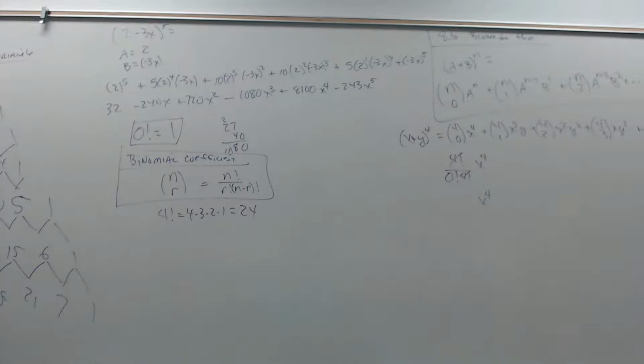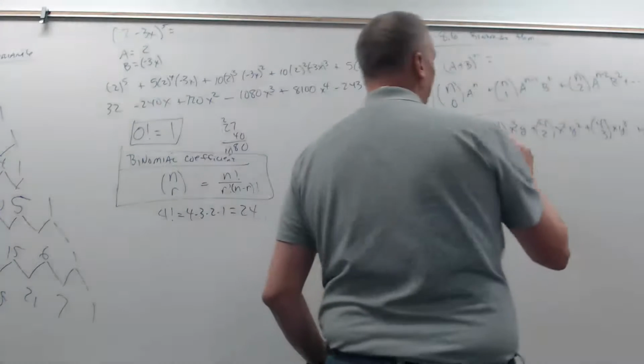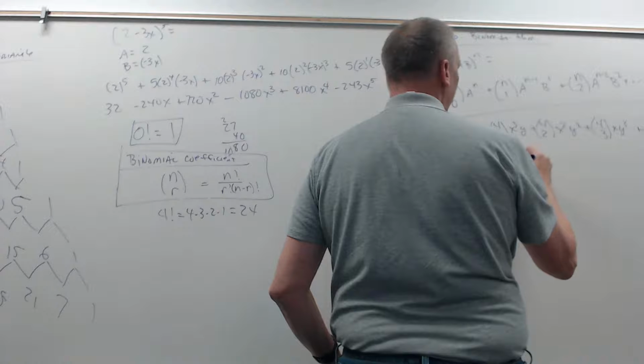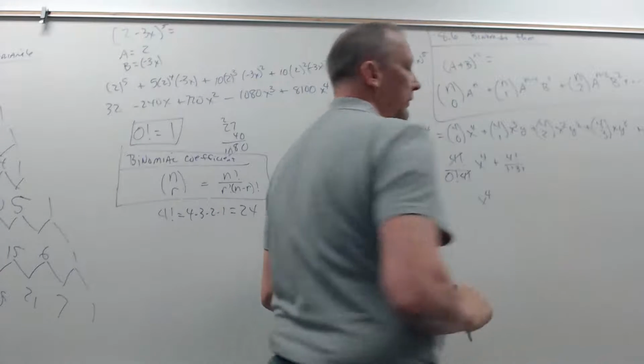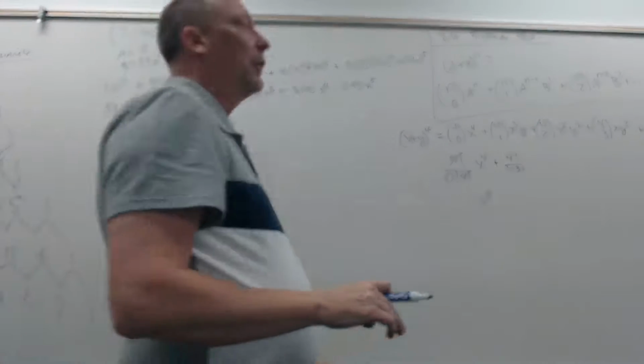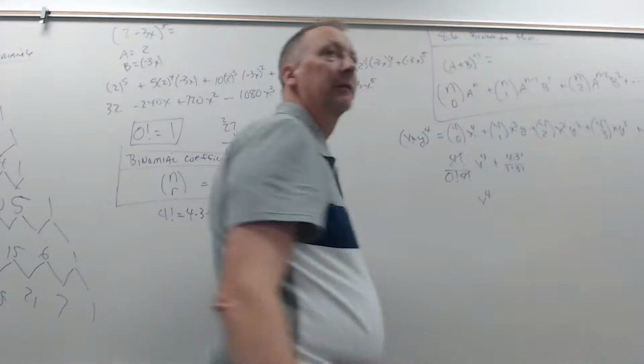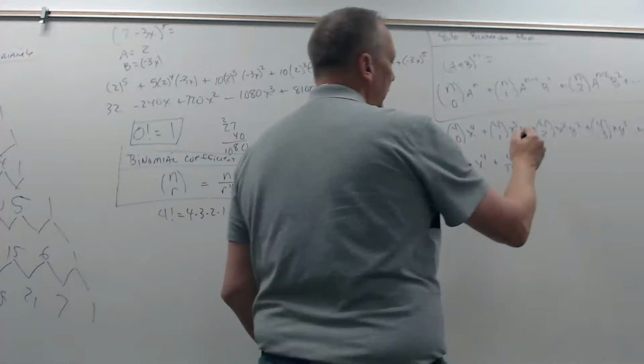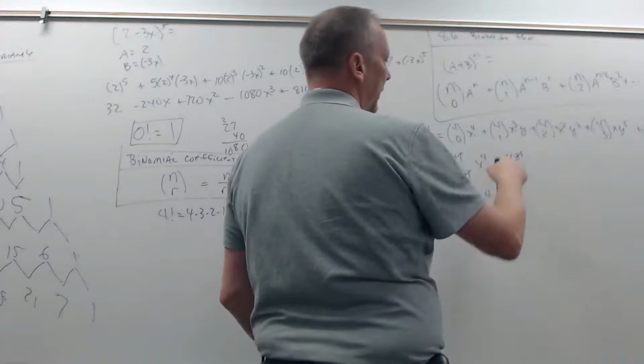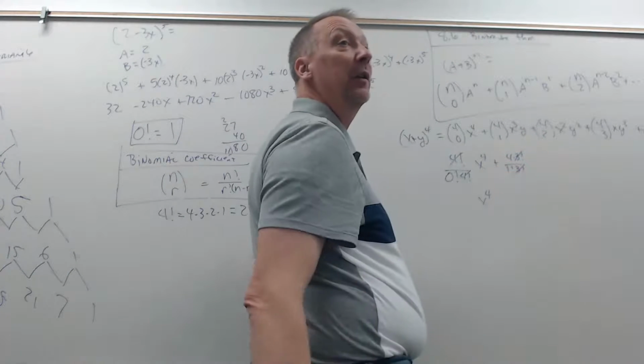Now, we can do the next one, which is 4 factorial over 3 factorial 1 factorial. One thing I could do is write 4 times 3 factorial. The 3 factorials cancel, and I'm left with 4 over 1 factorial, which is just 1.